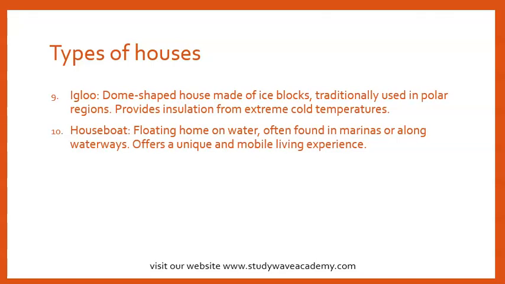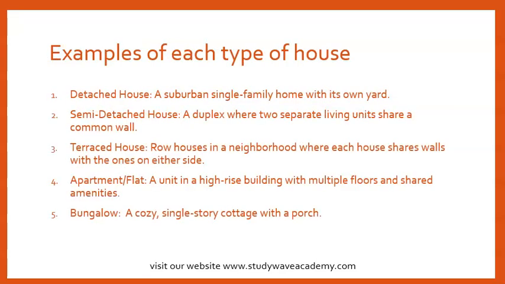Floating home on water, often found in marinas or along waterways. Offers a unique and mobile living experience. Okay? Home on water, houseboat. So these are the different types of houses we have. These various houses cater for various needs and preferences. Okay, now let's look at examples of each type of house.